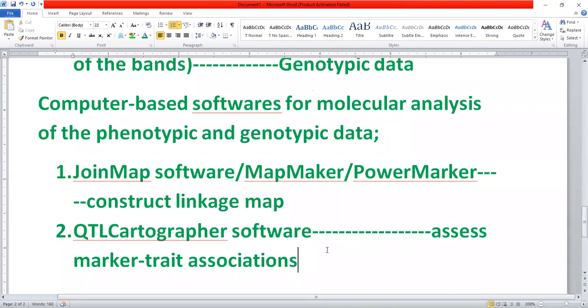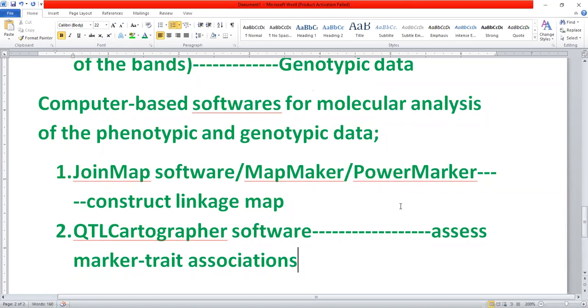In this case, we have used 250 SSR markers and 250 F2 individuals. We record the genotypic data for the 250 SSR markers by using the 250 F2 individuals, and then by using the JoinMap software or the MapMaker software or PowerMarker software, we will construct the linkage map out of these 250 polymorphic SSR markers.